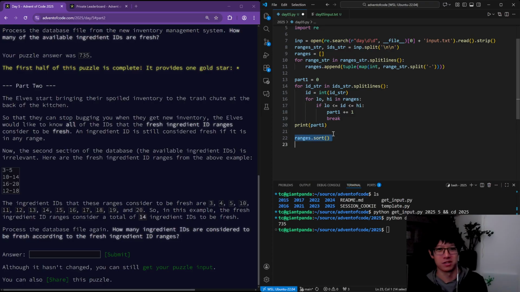We don't have to sort the ranges. We can do, you could do +1, -1, right?